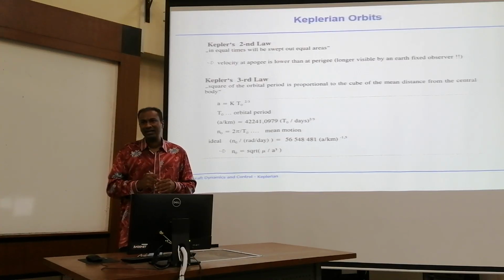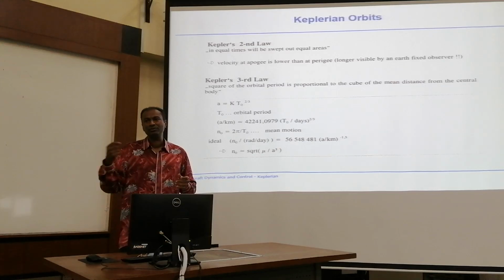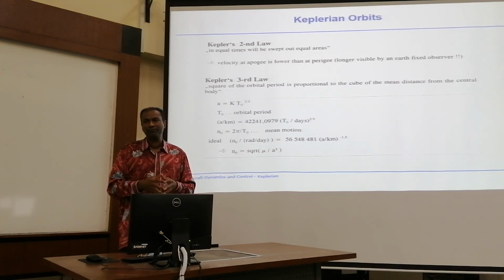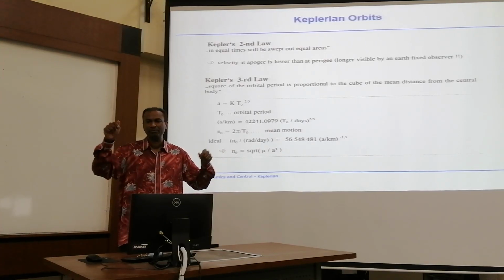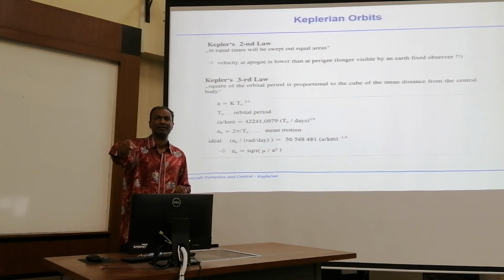So therefore, another rule has to be applied, Newton's law. So Newton's law has to be applied together so that we can solve Kepler's problem. That is Kepler's problem. Kepler can give you the difference, but he cannot pinpoint the exact time.